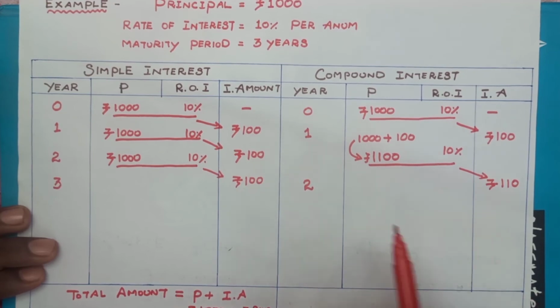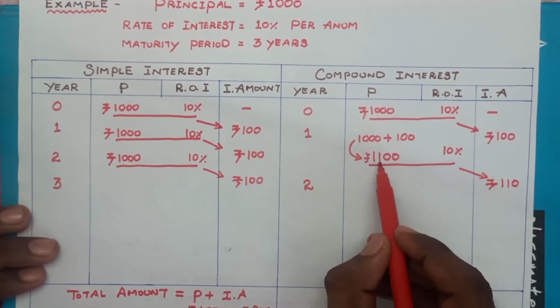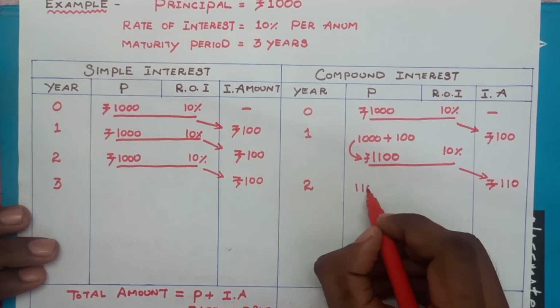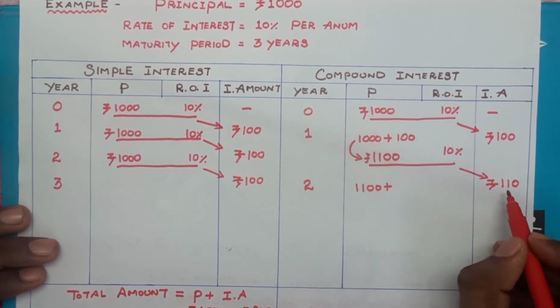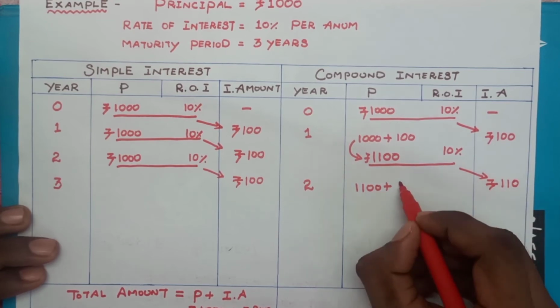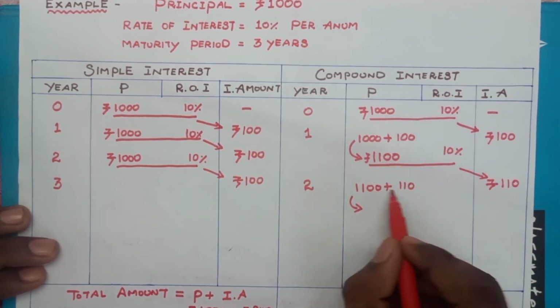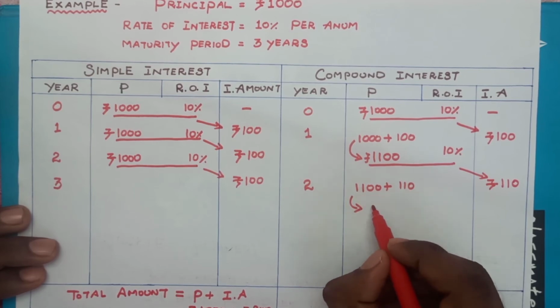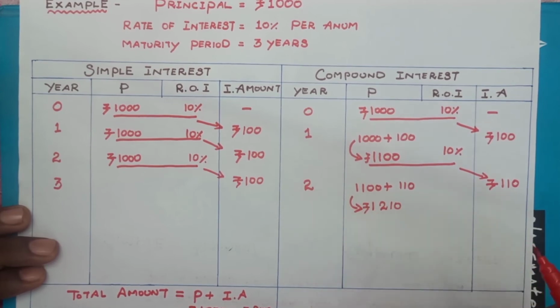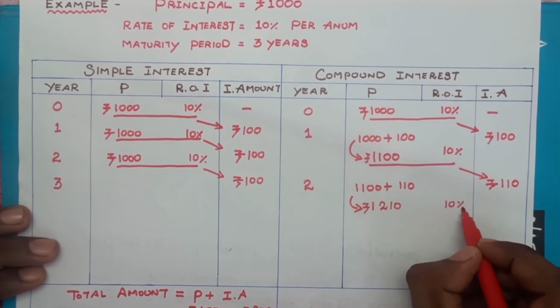And we know your principal will be changed after completion of every year. So your previous year principal 1100 plus your interest amount of the particular year 110. By addition of these two, we will get 1210 Indian rupees, and your rate of interest is the same.